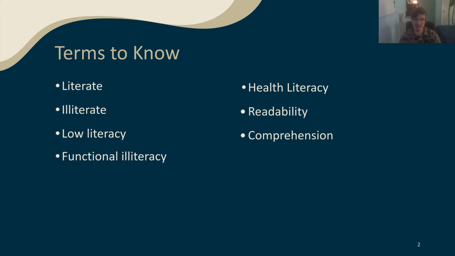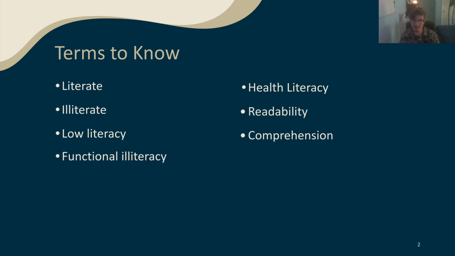But you do get to this point where you know enough words to be able to figure out new words with context clues. And the words that you don't know, you can tend to look them up and figure out their meaning and add them to your vocabulary. So your comprehension skills can continue to increase as you age and as you read more.